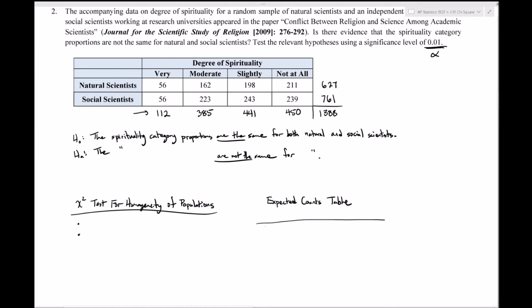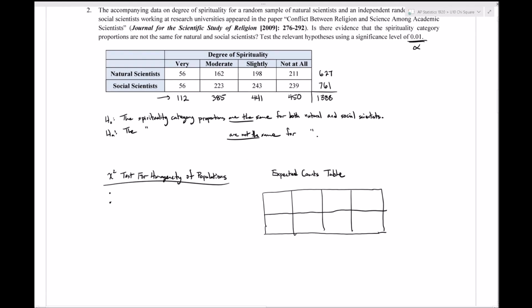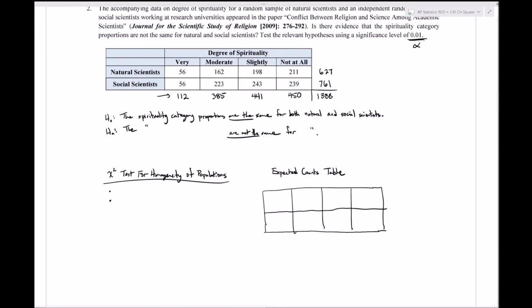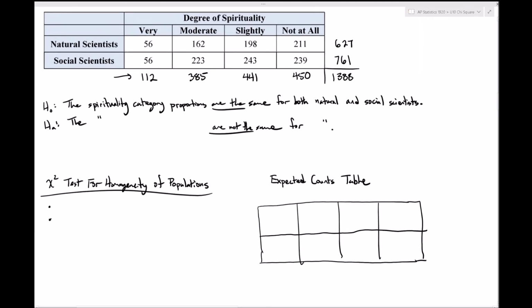It's 2 rows, 4 columns. I'm going to do this on another table separate from the one already given up there, because I don't feel like filling up all the space that I have here. So we'll be giving the expected counts that result from the calculator. So we'll be going to a calculator then.